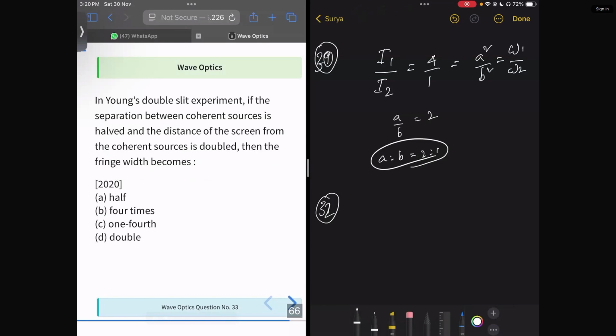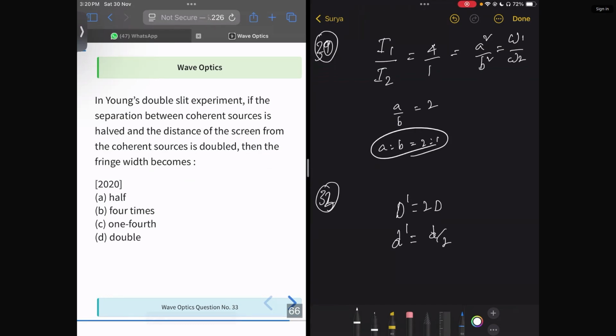So in a Young's double slit experiment, if the separation between the coherent sources is halved, and the distance between screen and coherent sources is doubled, then the fringe width becomes? So fringe width we already know. They are telling that D dash becomes 2D, small d dash becomes d by 2.